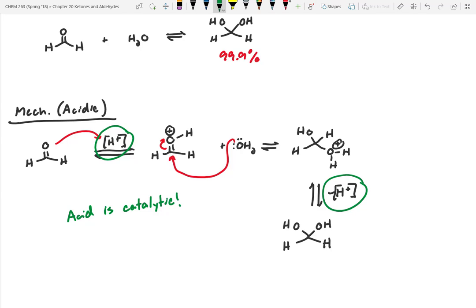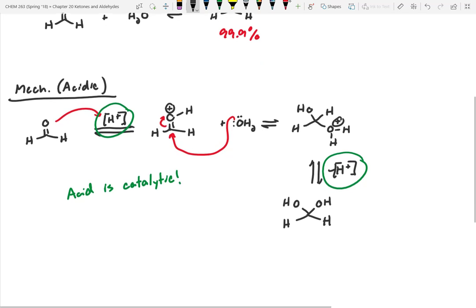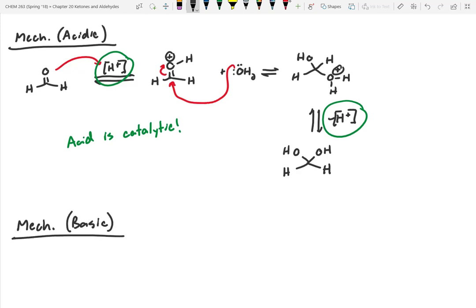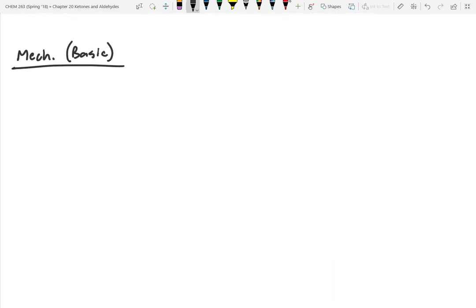All right, the basic mechanism is also pretty similar, but I want to practice it. Again, we'll stick with using formaldehyde.